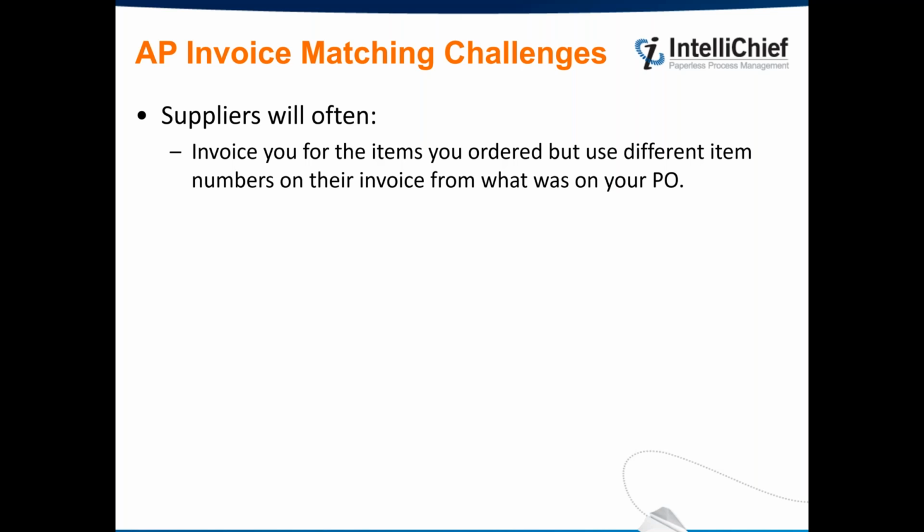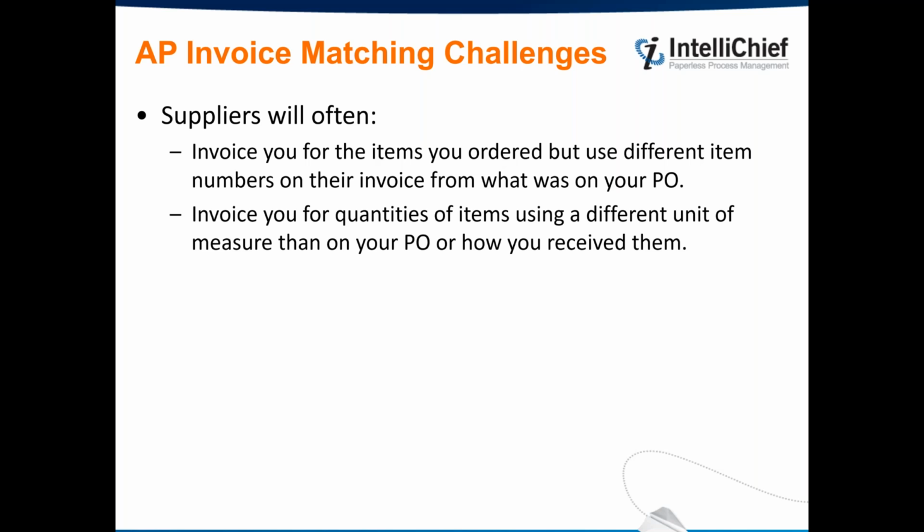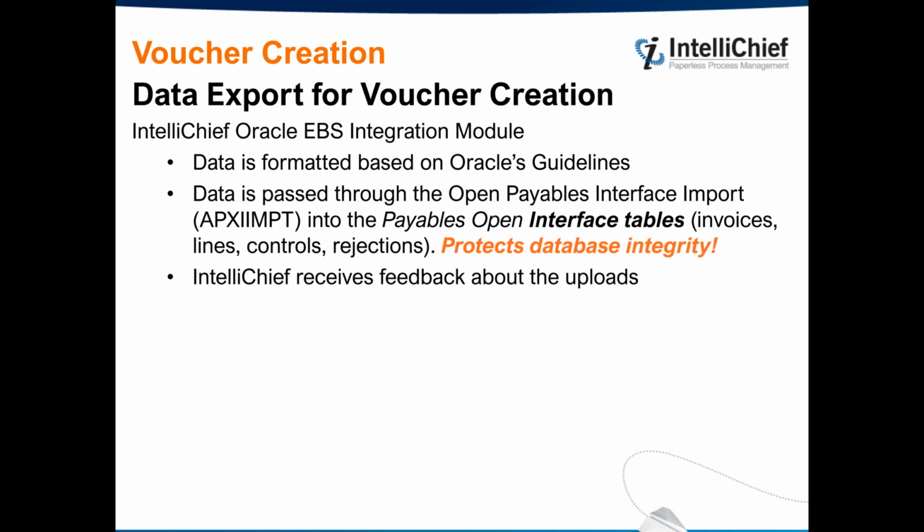You could be using the cross-reference table, but again, that's typically going to be set up by purchasing, right? So they invoice you for a quantity of items using a different unit of measure. So when a PO is generated, it's ordered in units as an example, and then when you get invoiced, it's in pallets or however the supplier decides to invoice you there.